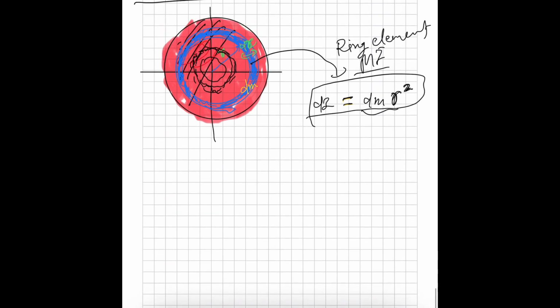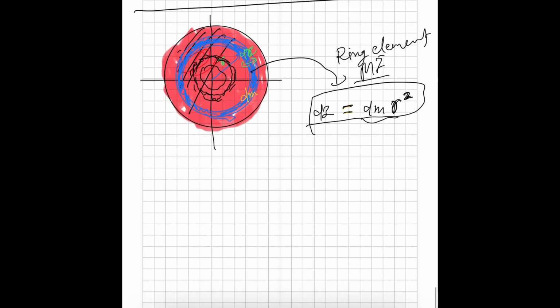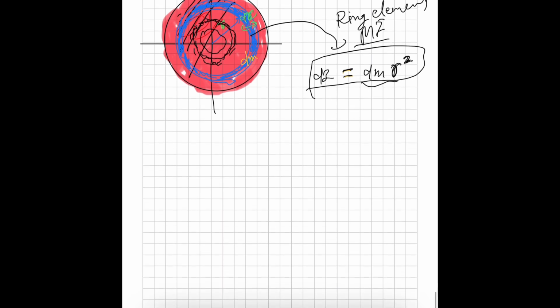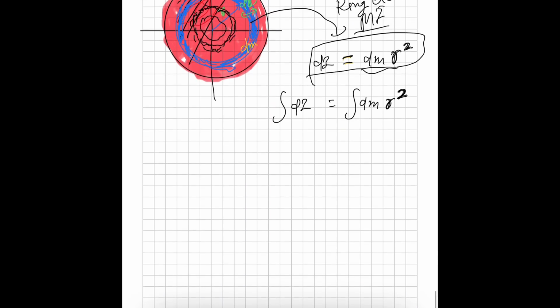Okay, so let me calculate using that analogy. Let me calculate the moment of inertia. So integrate dI = dm r square. And how to relate this dm with this r?